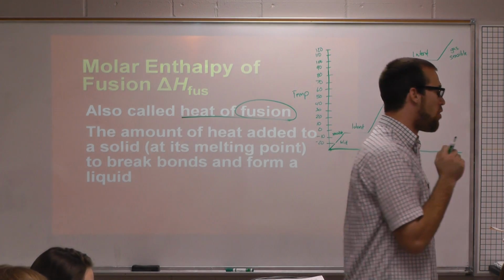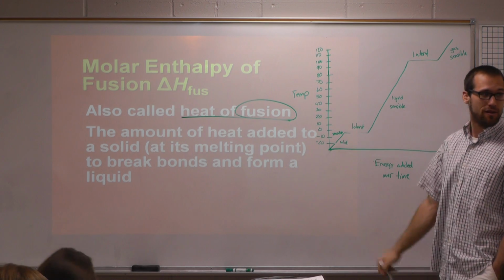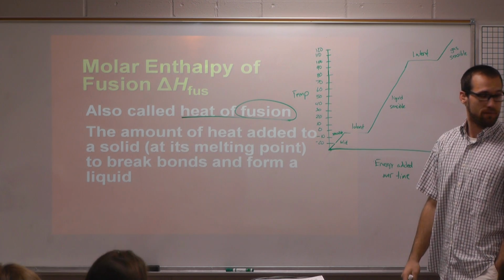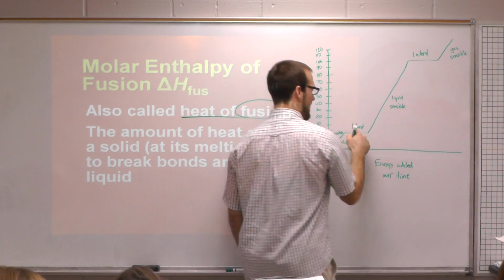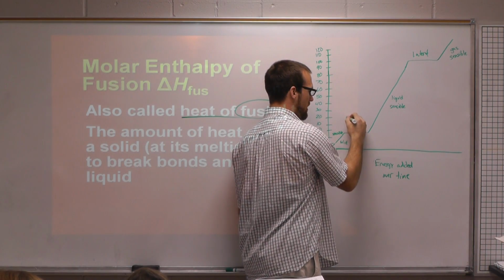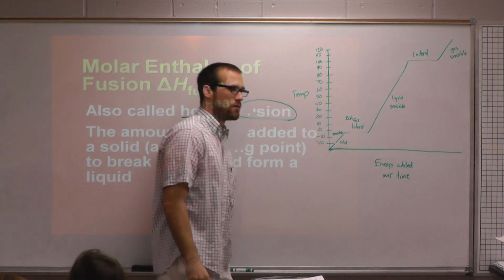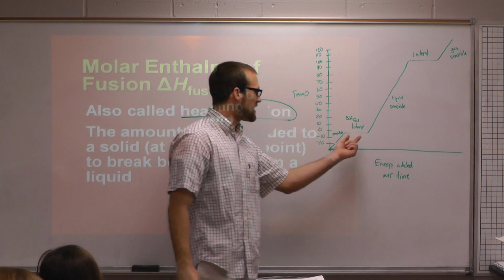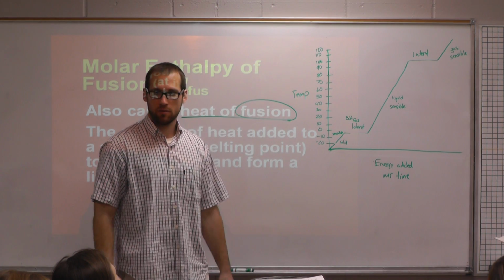All right? Where would this be represented on the graph? 0 degrees. So this latent heat, change in H of fusion, would be the amount of energy needed to convert all of the solid to a liquid per mole.